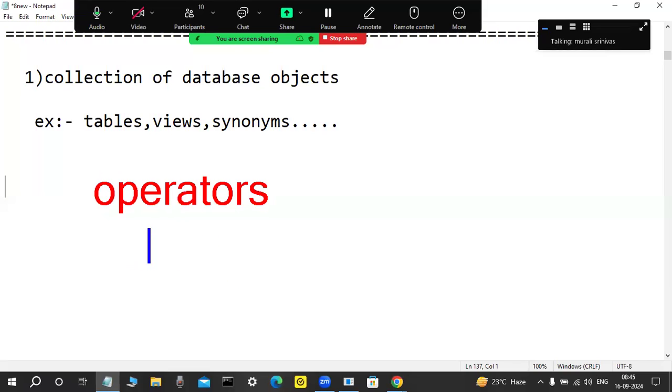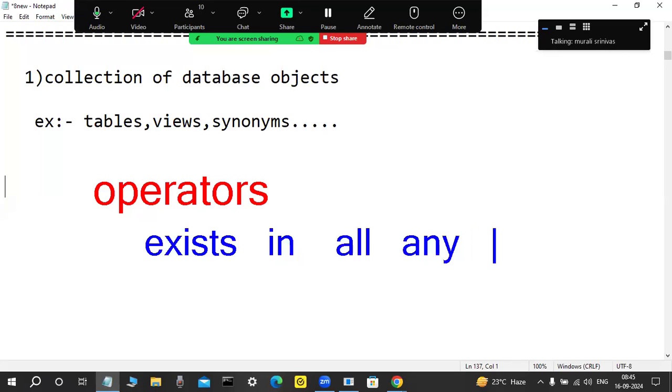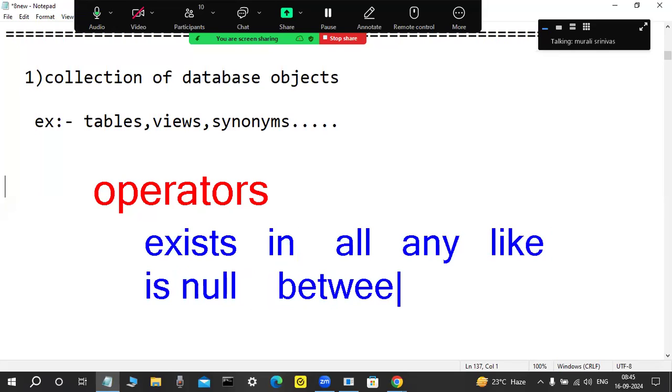Special operators are there. For example, exists is an operator, in is an operator, all is an operator, any is an operator. Again, like is an operator, is null is an operator, between is an operator, intersect, union, everyone knows all these things. These types of operators are there.